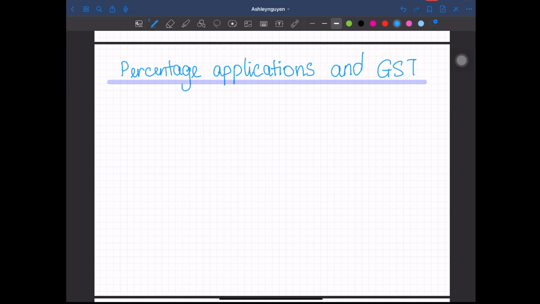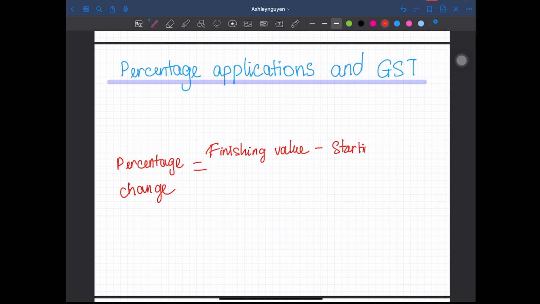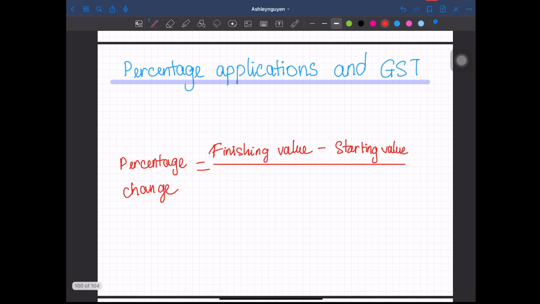So the rule to calculate percentage change would be: percentage change equals finishing value take away starting value, divide by starting value, multiply by 100.